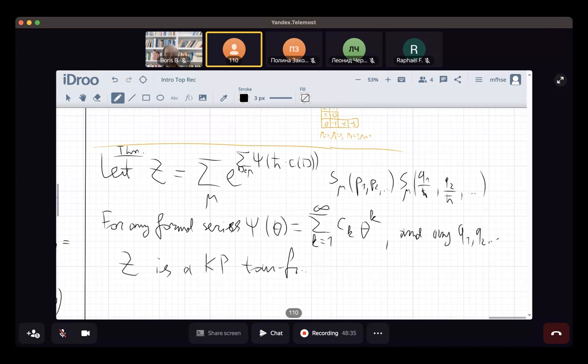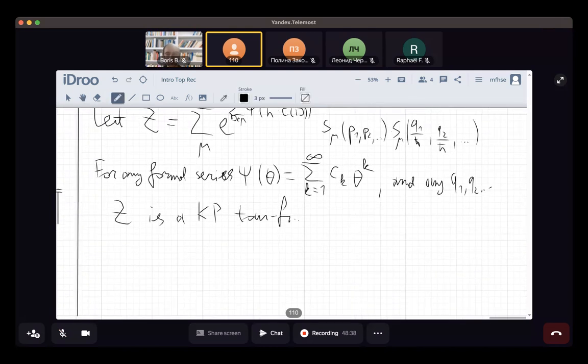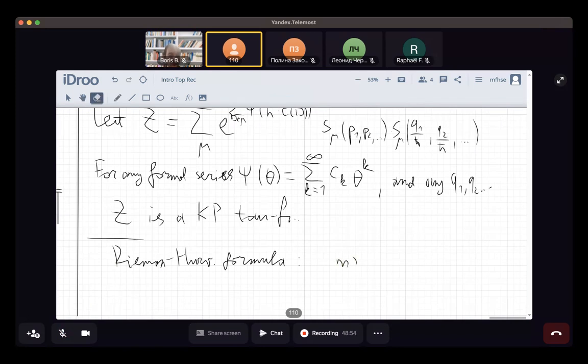We had the Riemann-Hurwitz formula, which says that m is equal to g minus 2 plus psi of mu plus l of mu. This was for simple Hurwitz numbers.